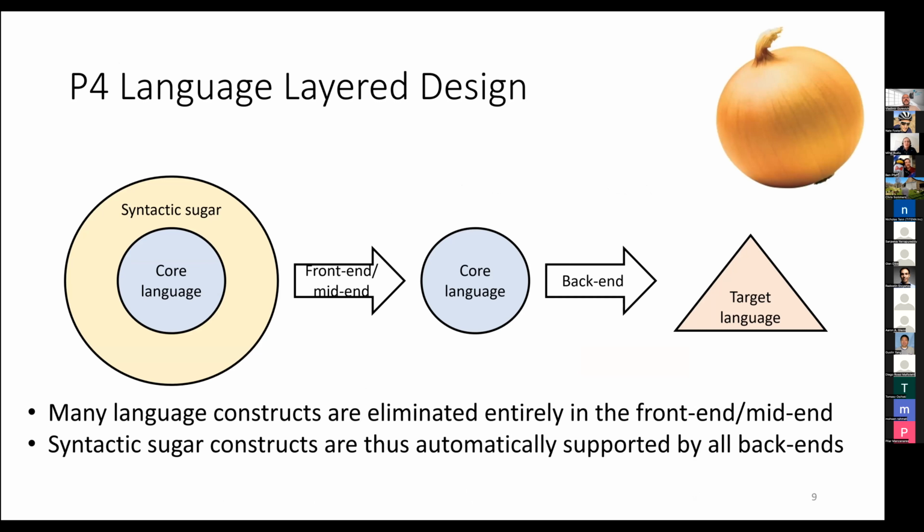So for example, in this slide, I say that P4 evolves in two ways. We extend P4 and we also add new syntax to P4 for things that could already have been done in P4. And let's call that syntactic sugar. And many passes in the front end and some in the mid end actually are responsible for desugaring, replacing this syntactic sugar with lower level constructs, which are less convenient for programmers. Now, obviously, we want to give to the backend a very simple language.